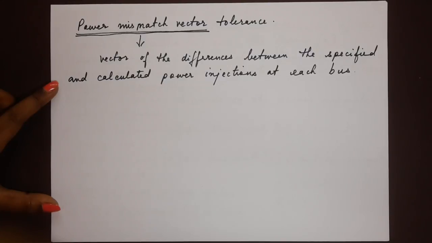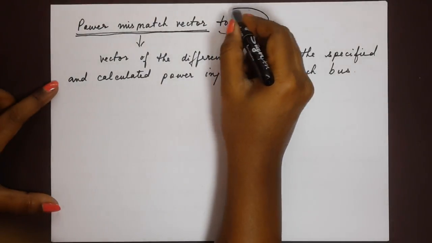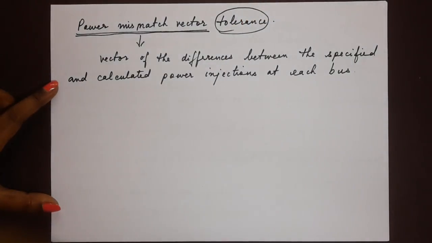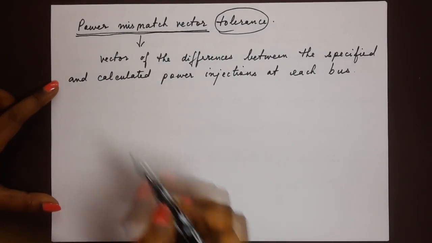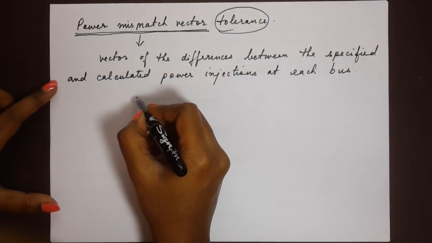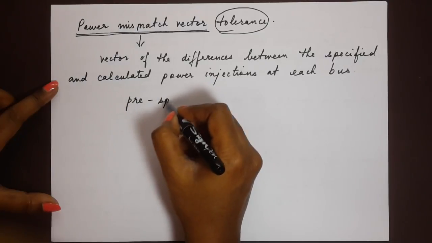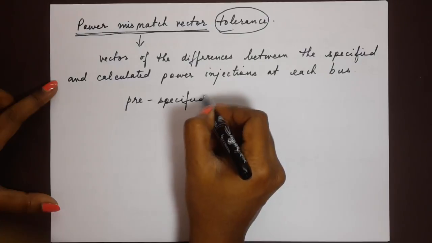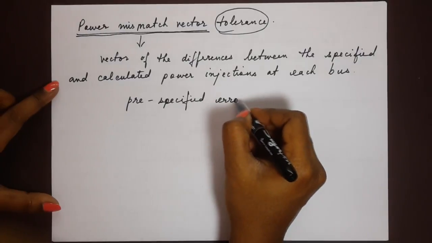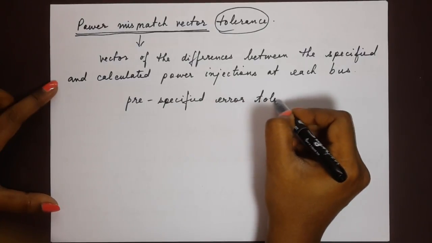So it is important to check the power mismatches to be within a pre-specified error tolerance. So that is what tolerance means. It has to be within a certain limit, the differences of the power injections. So the pre-specified error tolerance.